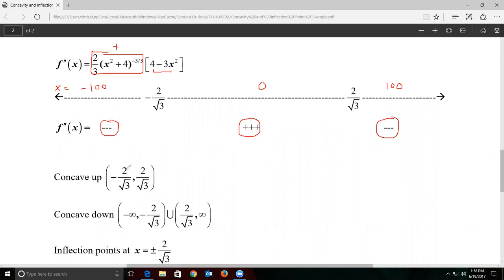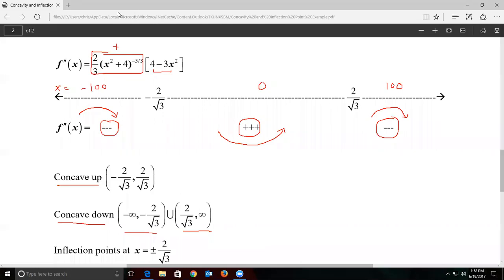Essentially, from this negative 2 over root 3 to 2 over root 3, we're going to have concave up. So we're going to have the function looking something like this, concave up, curling upward. On these two outer intervals, we're going to have the function being concave down. So this is where the function is going to be curling downward on the ends.